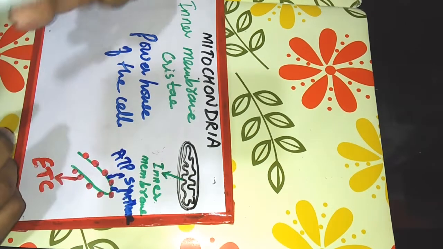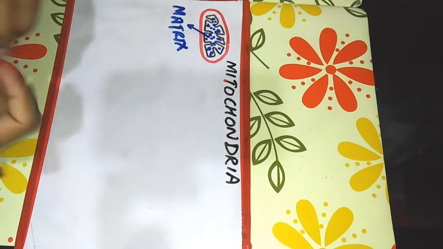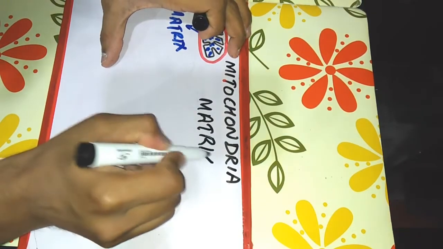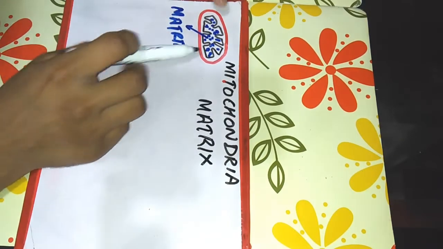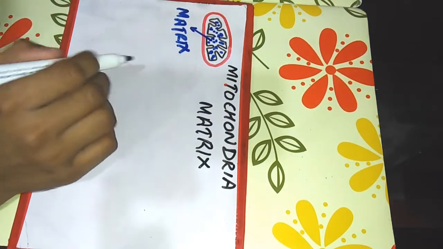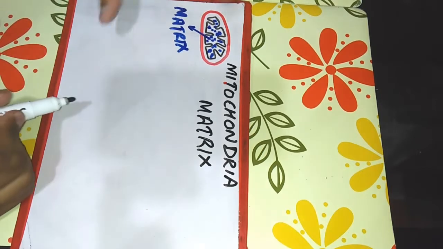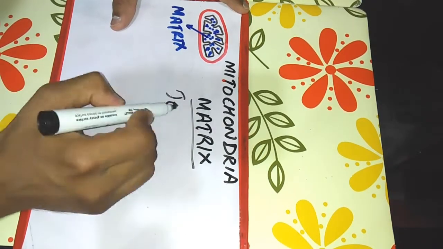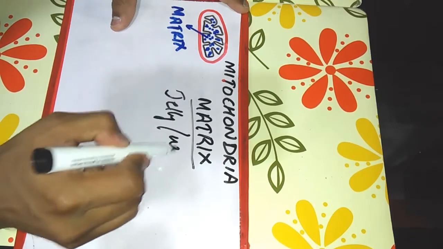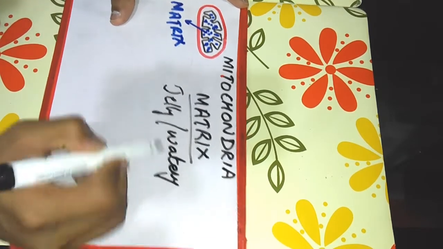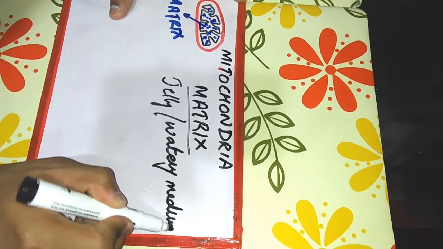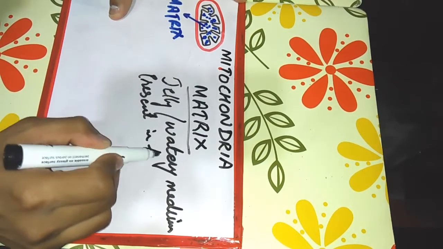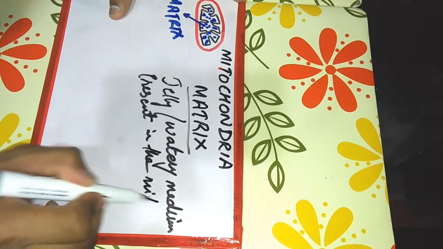Now we are going to discuss the matrix. The matrix is the watery substance or jelly-like material which fills the inner compartment of the mitochondria. So it's the jelly or watery medium present in the mitochondria. So what does it contain?